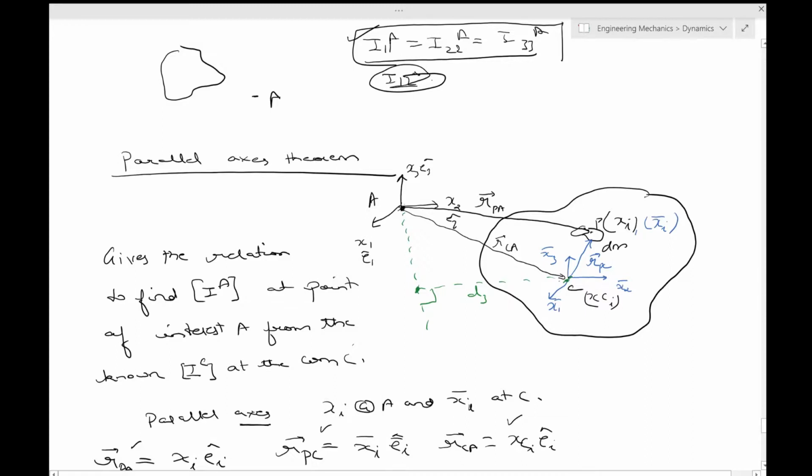So this is the origin. This is xc1, xc2, xc3, and d3 over here will clearly not be affected by xc3. So it will be xc1 square plus xc2 square.